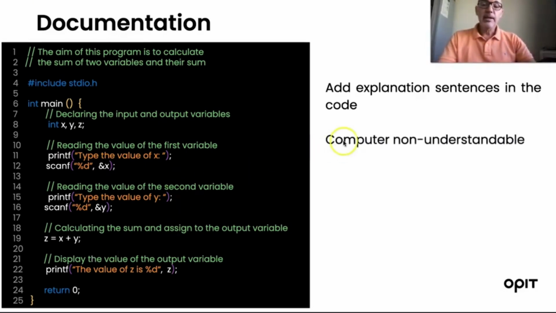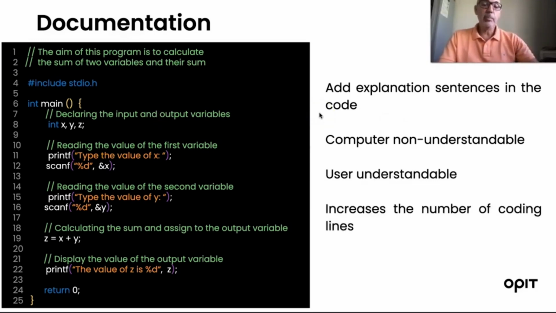This means that this documentation, these sentences, these comments are not understandable by the computer. The computer ignores these documents or these comments, okay? They are user understandable, of course. They are intended to be understood by the user. Of course, it increases the number of lines, for sure, because we add some new statements that the computer will ignore, but it helps the understanding, it eases the user's reading of this program.